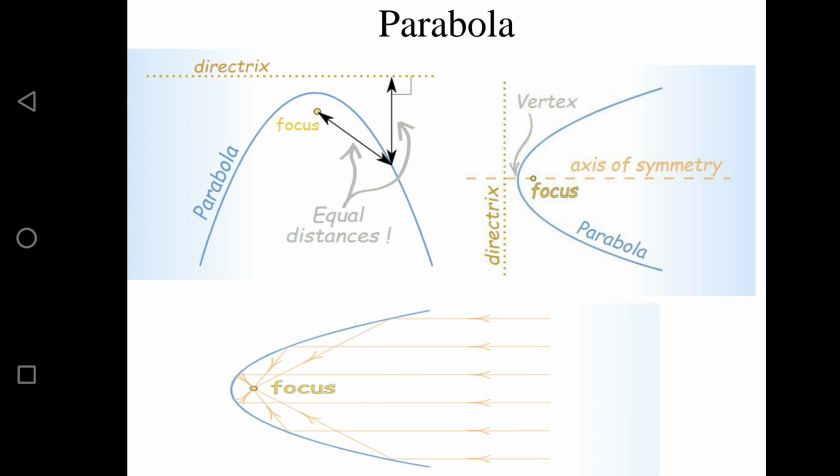In a simple example, have you seen your bike headlights, where you have a bulb which emits light in all directions, but you get the light only in the front direction? Why?